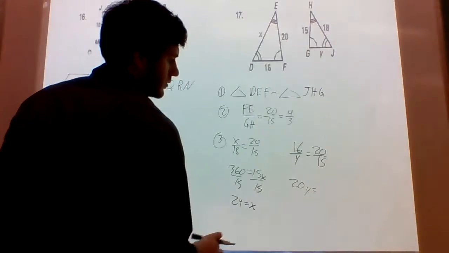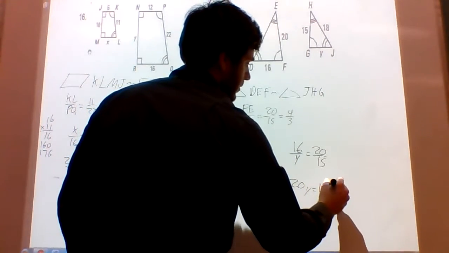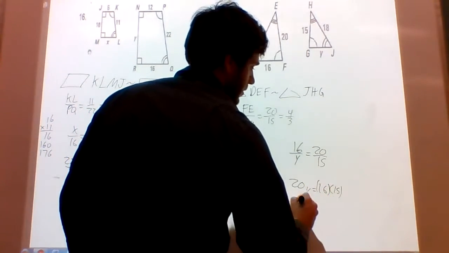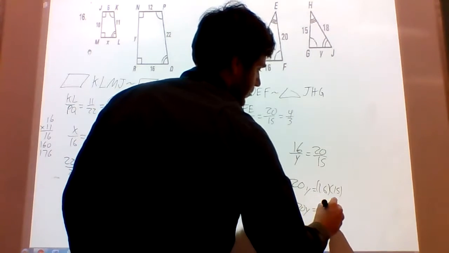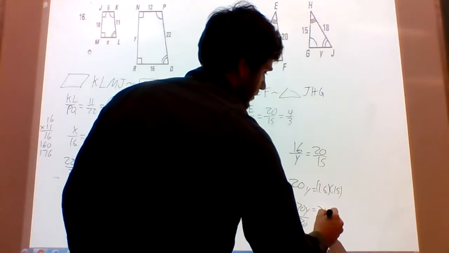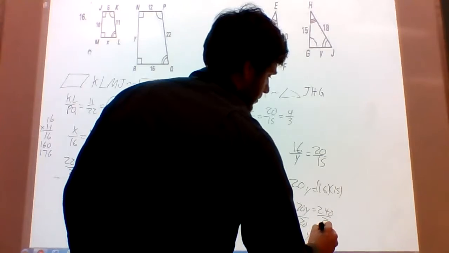And so 20y is 240. Divide by 20, y equals 12.